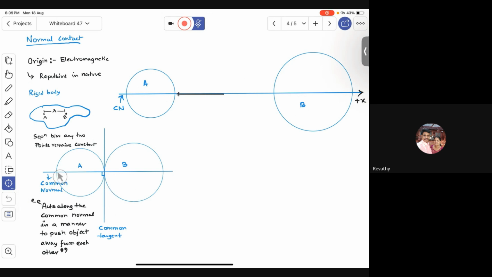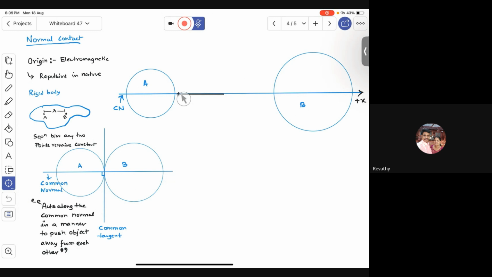This is the common normal. This force acts along the common normal in a manner to push objects away from each other. So the force acting on A applied by B will act along the common normal, either in the plus x direction or in the minus x direction. Only two choices.